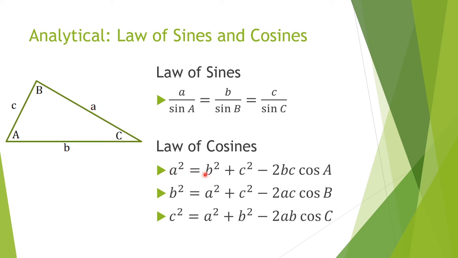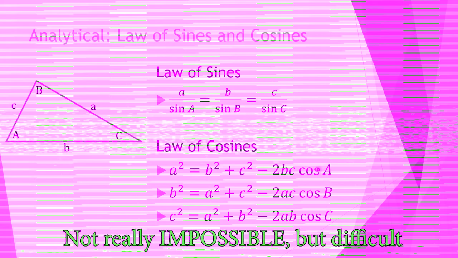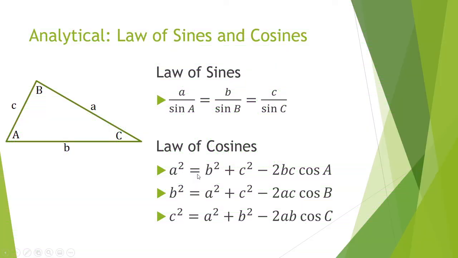Just put the value of b, value of c, and the angle A here, and use a calculator. It's probably going to be impossible to do this without a calculator. And the second equation, it just says that if you don't know the value of small b, but you know these three, you can use the law of cosines to get the value of small b.